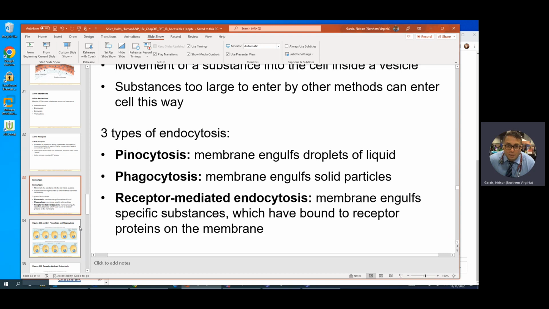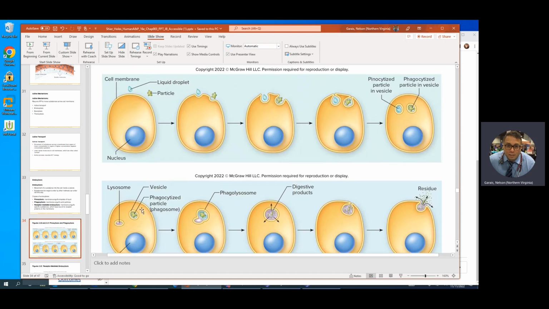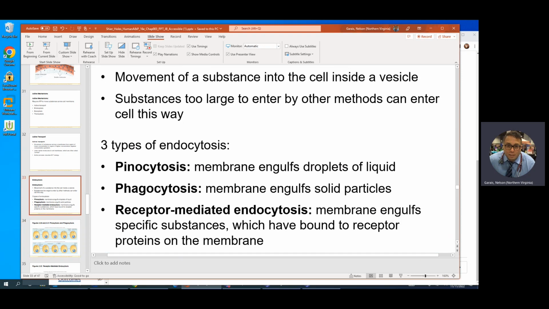Another thing that requires ATP is doing stuff like this. Remember the Golgi apparatus that has to package things and make their own little package and then secrete them out? Well, there are 3 of those types of functions called endocytosis, pinocytosis, phagocytosis, and receptor-mediated endocytosis. Don't need to really try to memorize all this.